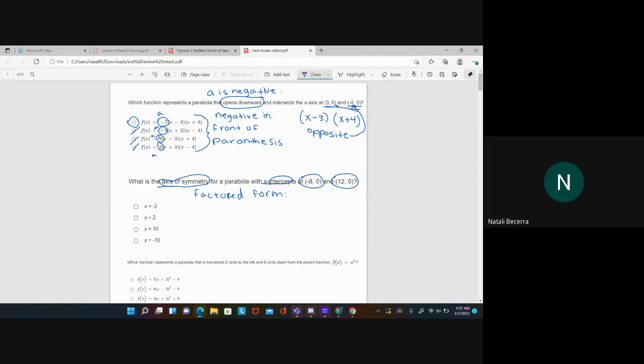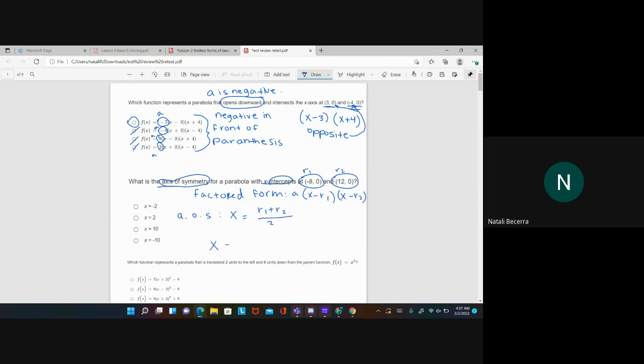And the formula in factored form is a times (x minus r1) times (x minus r2). The -8 is your r1 and then the 12 is your r2. The axis of symmetry, I'm going to put AOS for axis of symmetry. The formula is going to be x equals r1 plus r2, divided by 2.